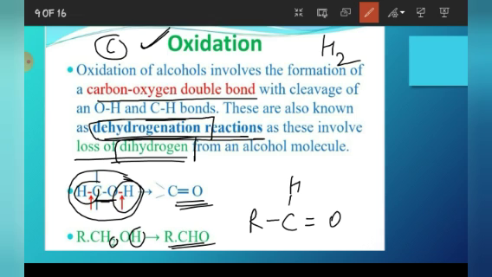And you know which functional group it is? It is the aldehydic group. So oxidation is also known as dehydrogenation because it involves loss of dihydrogen H2. Now let us study this oxidation in detail.